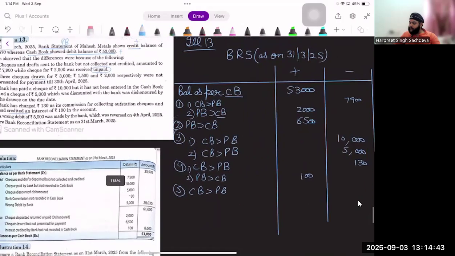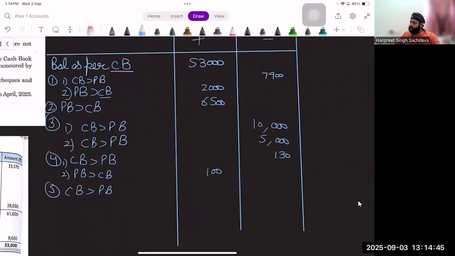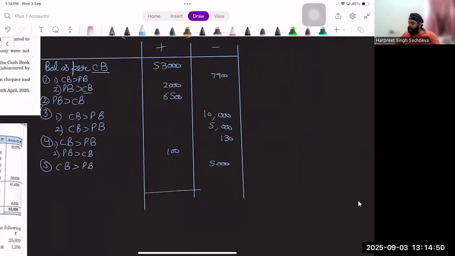By rupees 5,000. Now the bigger side total will be, let's check, 53, 55, 61, 61, 600.